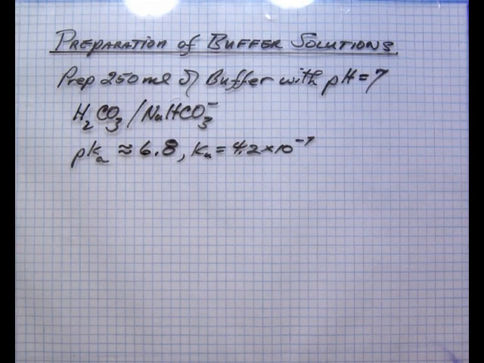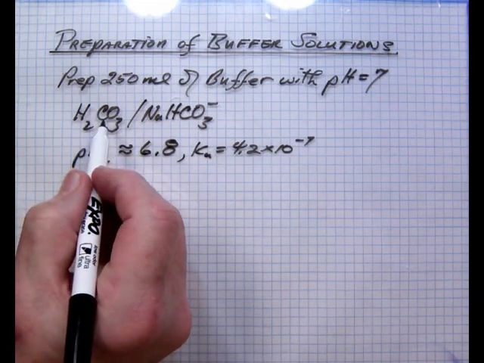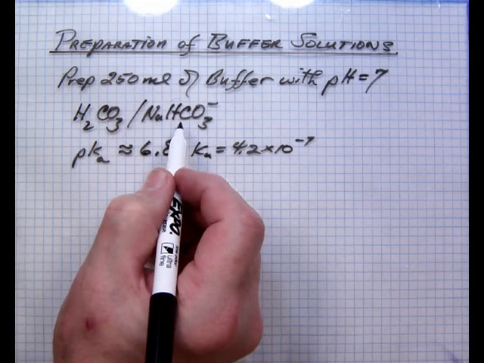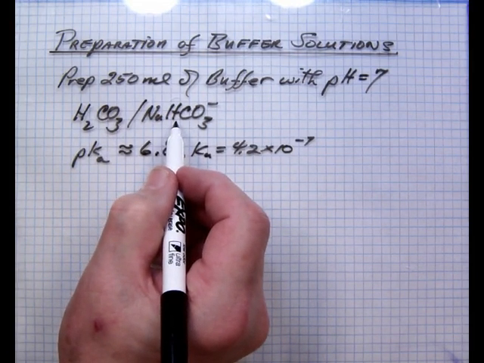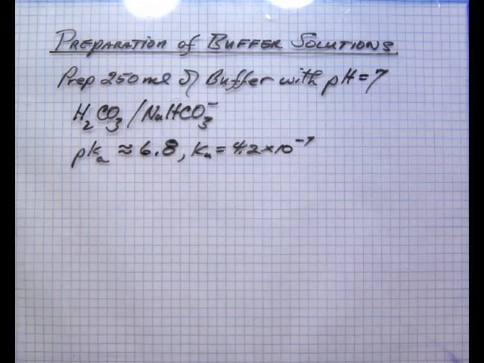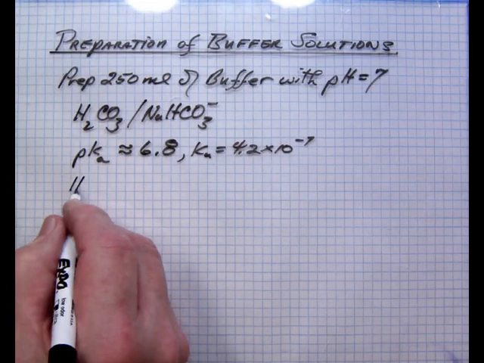Okay. Now the next thing you do is try to calculate the acid-base ratio. So you've got an acid, and the salt of that acid, the sodium bicarbonate, is the base of the buffer, the anion. Remember I said all anions are conjugate bases. Well, to do that, you use the Henderson-Hasselbalch equation.